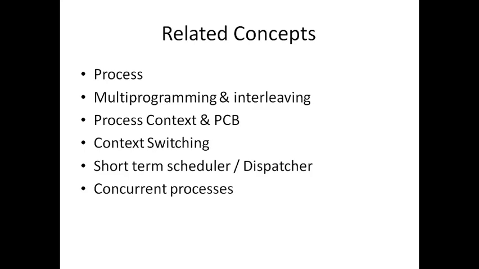The next concept is concurrent processes. Concurrent processes means all the processes that simultaneously exist in the memory. At any point of time, the memory houses a number of processes, and execution may happen in any order.